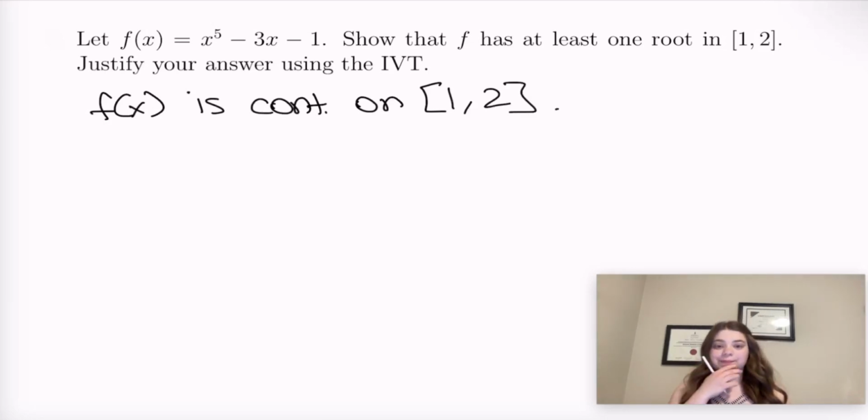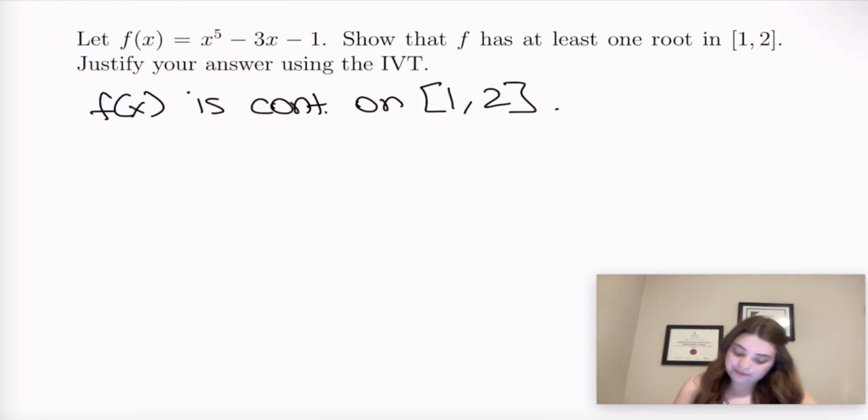Now, how do we know that? Well, it's continuous everywhere, right? This is just a regular polynomial function, a quintic polynomial, I should say. And so, therefore, it is continuous everywhere, and therefore is continuous from 1 to 2.